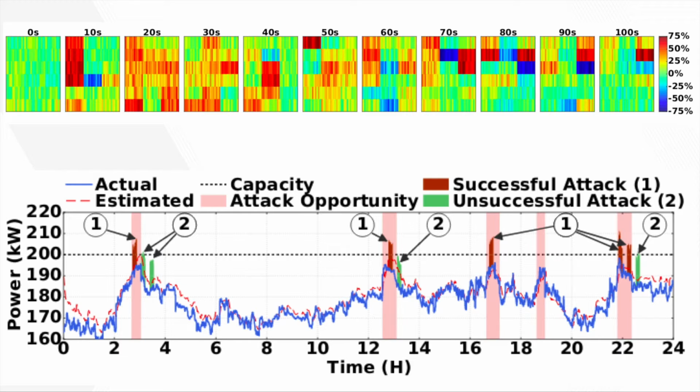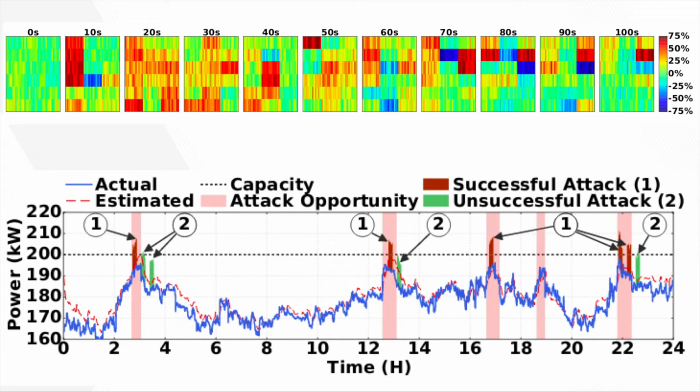Anything that's more red is going to be an overestimation, and anything that's more blue is going to be an underestimation of the actual temperature values for the servers. So green here is good. That's a solid 0% error. We get about a 20% error for this, but this is just for estimating the heat.